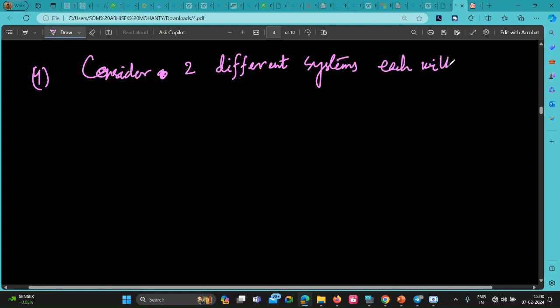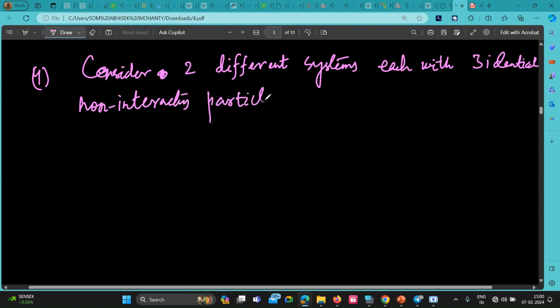Consider two different systems, each with three identical non-interacting particles.